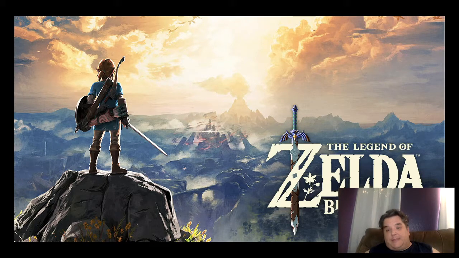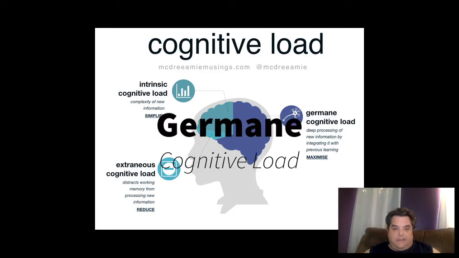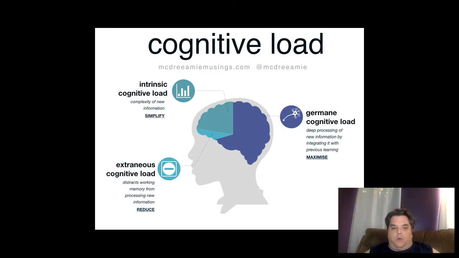And then the last thing I want to talk about just briefly is germane cognitive load. So I have this on my computer here so I can reference it, which is a great idea. Just gotta remember where I put it. Oh, here we go. So, John Sweller, that's who it was, article 1988 in Cognitive Science.